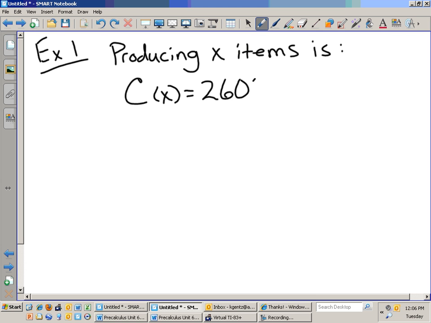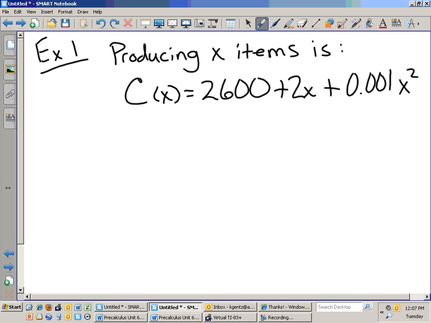You're going to need your calculators. The cost of producing x items is C of x equals 2,600 plus 2x plus 0.001x squared.